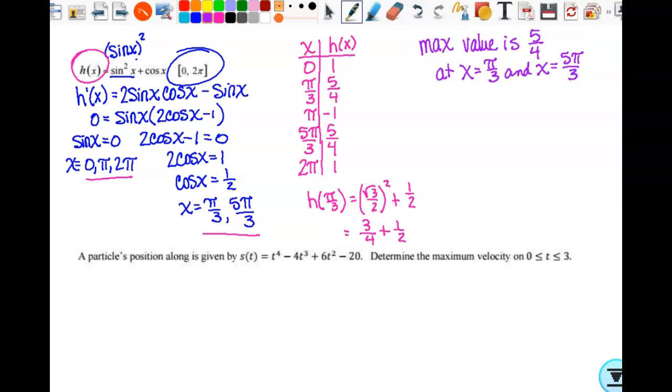So you only have one maximum value, but it can occur at multiple spots. Does that make sense to you? All right, so then we can say the minimum value is -1 at x equals pi.